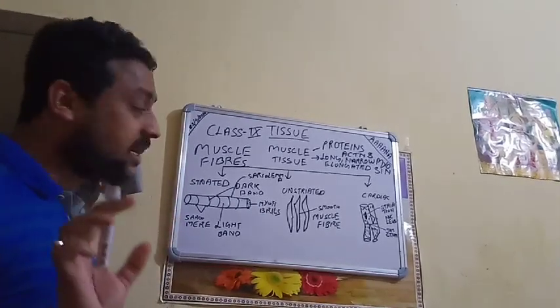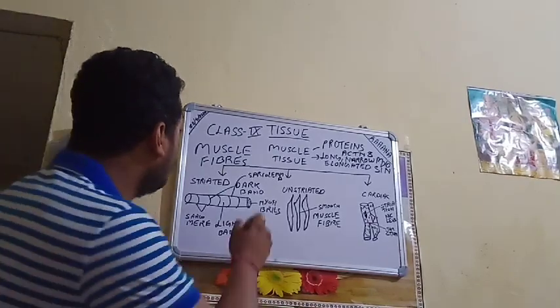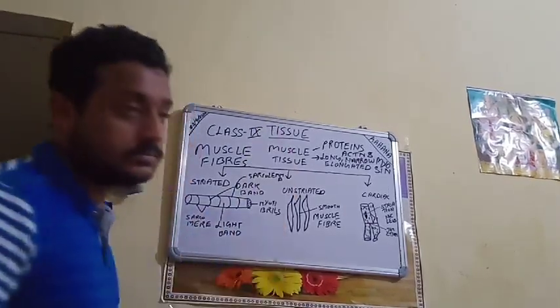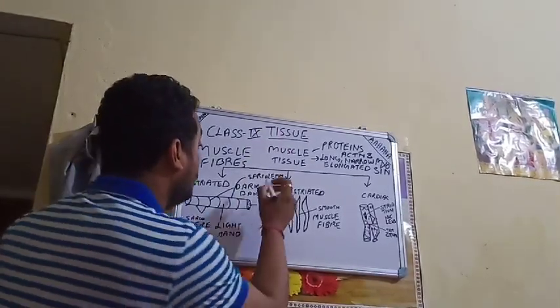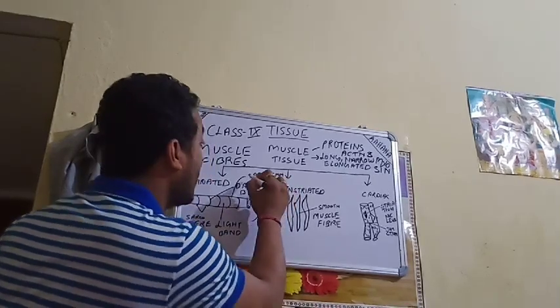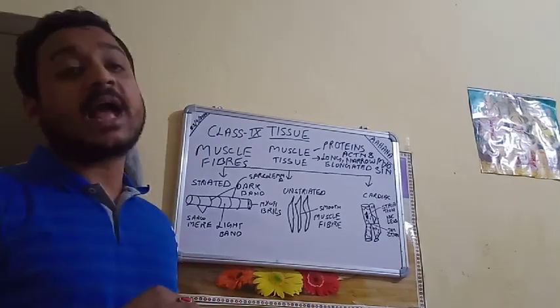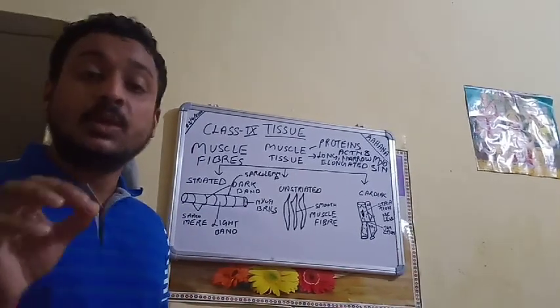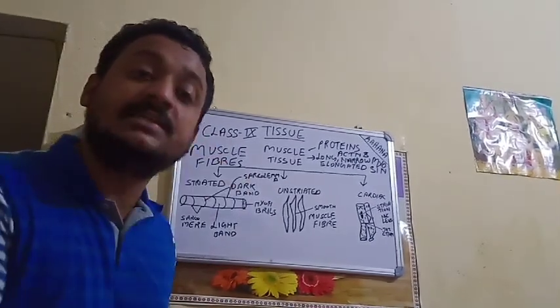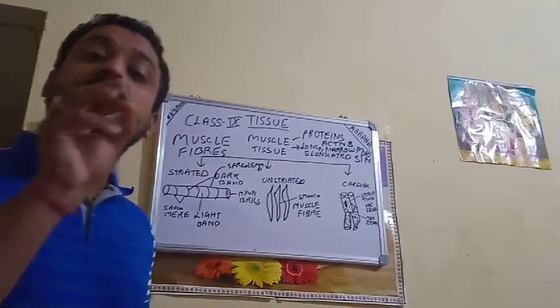Generally each and every muscle has one sarcolemma. I have written it here: sarcolemma. What is sarcolemma? Sarcolemma is actually a plasma membrane in which the muscle fiber resides, in which the muscle fiber stays.